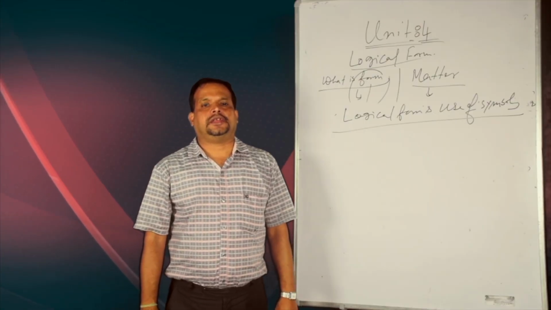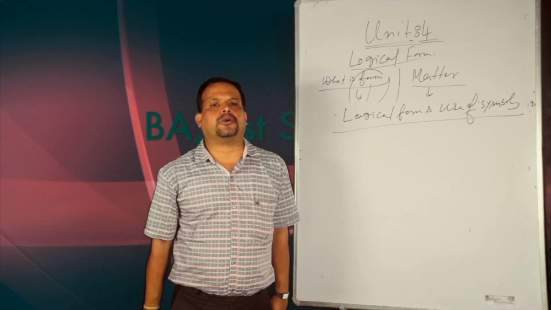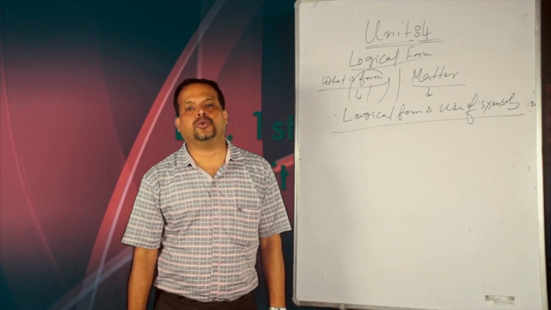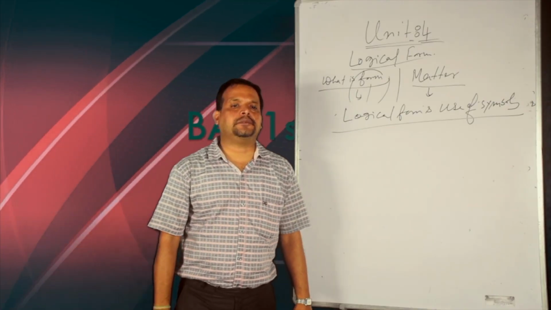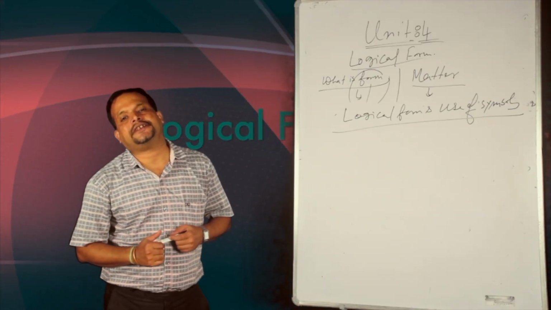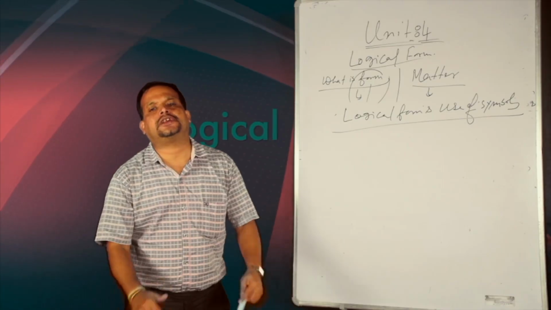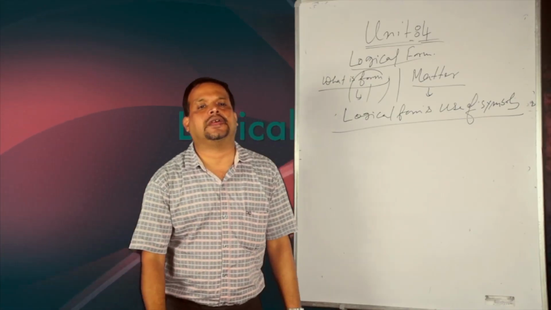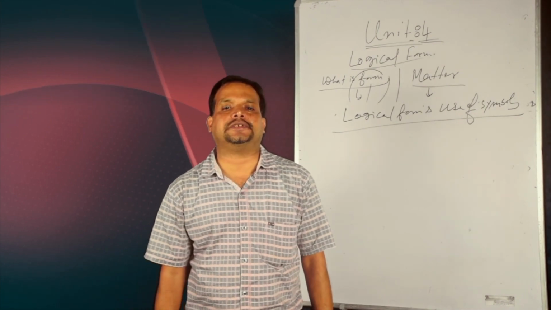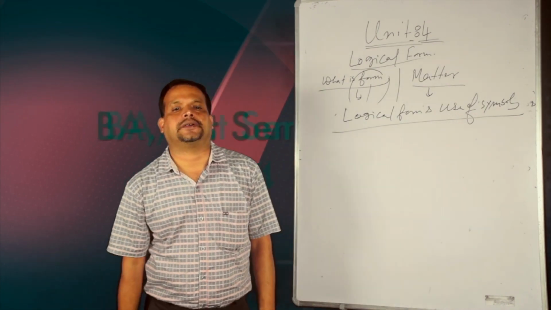In order to express the form of the proposition and argument, it is necessary to use symbols. Symbolic logic is completely a formal science. In symbolic logic, no importance is given at all to the matter or the elements of the proposition and the argument.